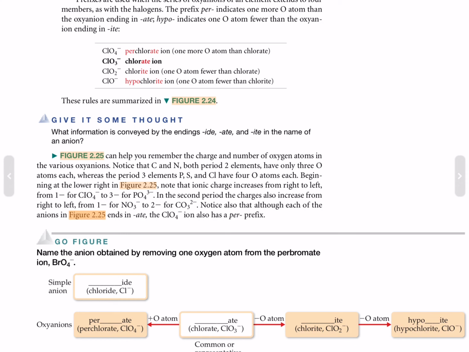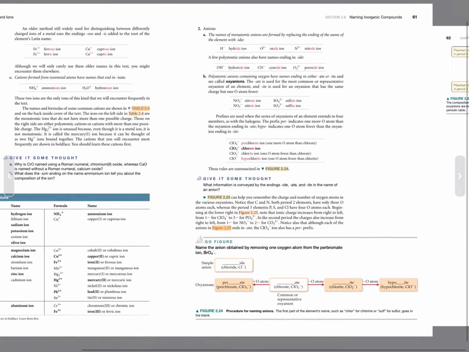In the second period, the charges also increase from right to left, from -1 for nitrate to -2 for carbonate. Notice also that each of the anions in figure 2.25 ends in "ate". The perchlorate ion has a "per" prefix.